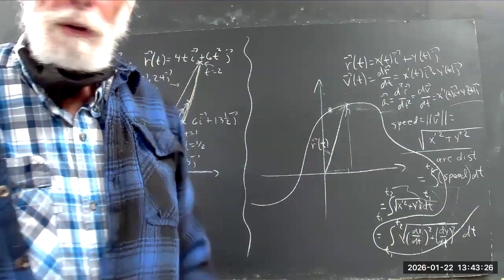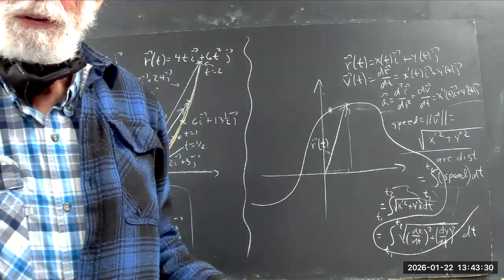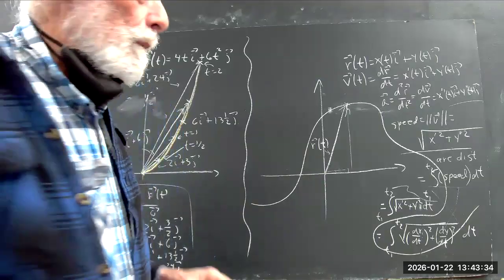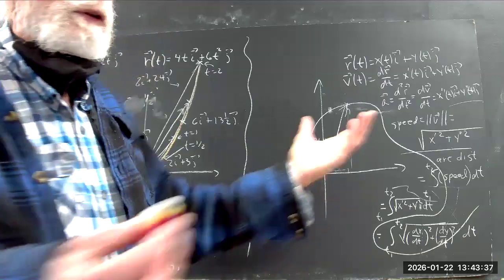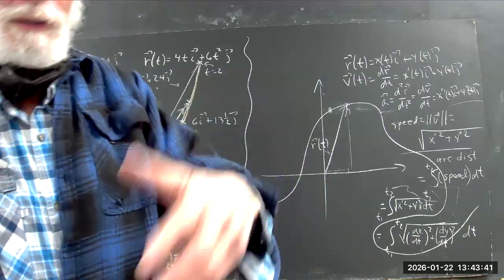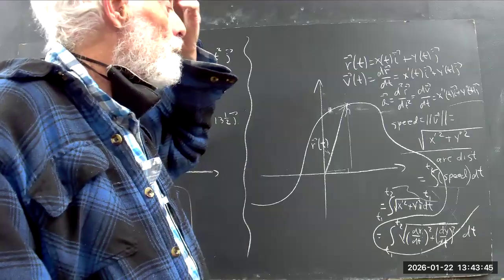Okay? Coordinate system could even be rotated. It's not hard to rotate a coordinate system. We'll do that, I think, in linear algebra too. You have rotation matrices. Sine, cosine, negative cosine, sine, all that stuff.